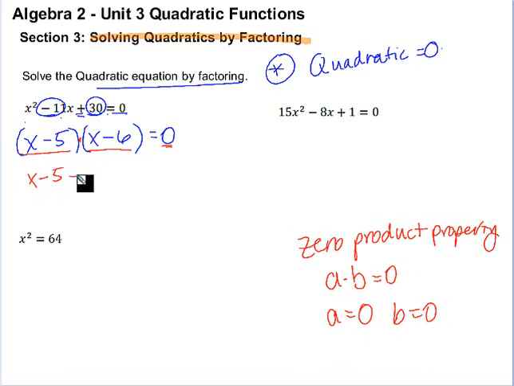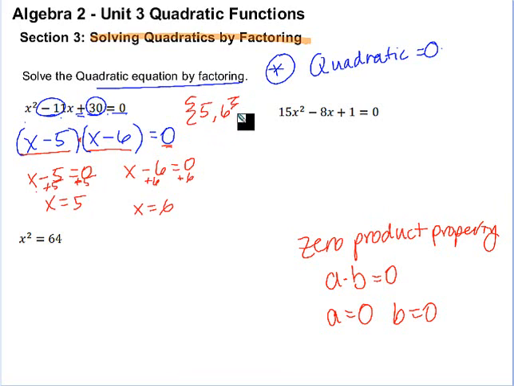So either the x minus 5 has to be 0 or the x minus 6 has to be 0. And we solve them. If x minus 5 equals 0, adding 5 to both sides, x is 5. If x minus 6 is equal to 0, adding 6 to both sides, our x is 6. So here our solutions would be 5 and 6.